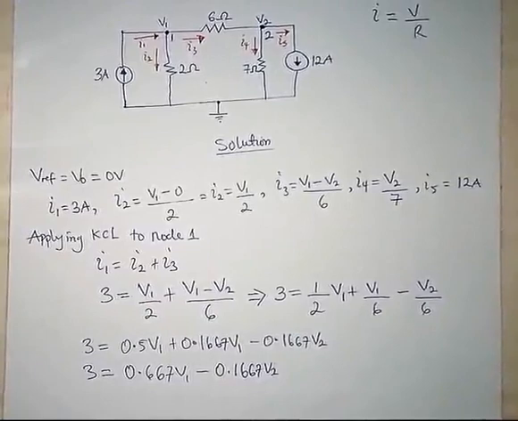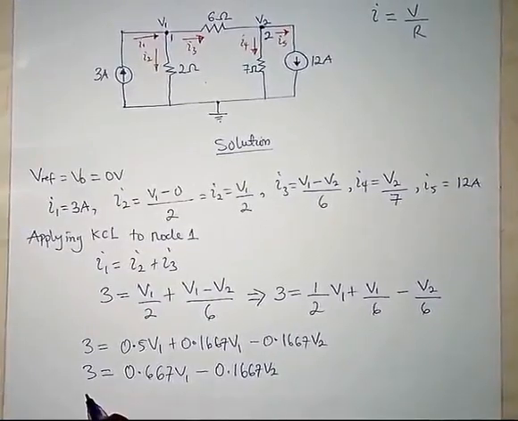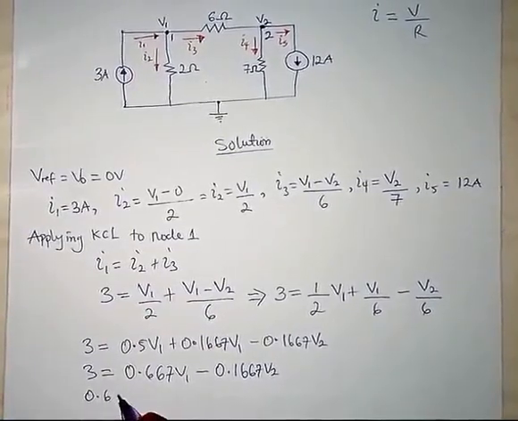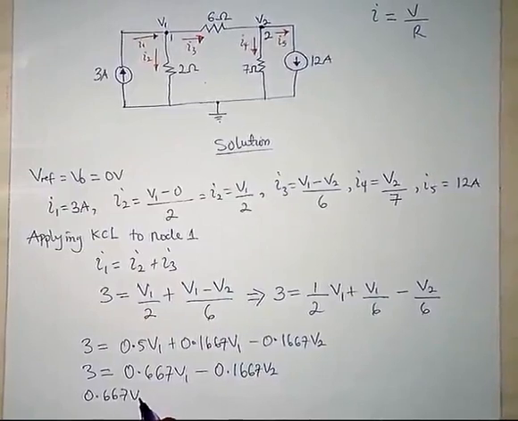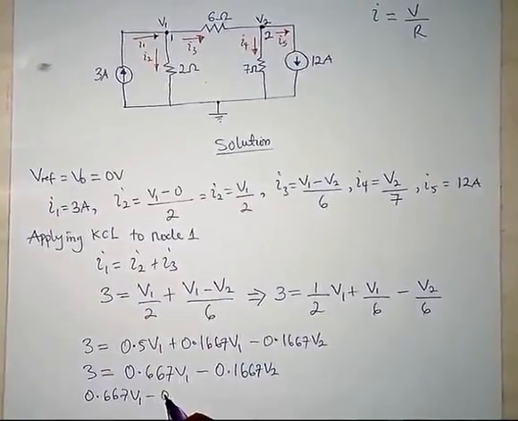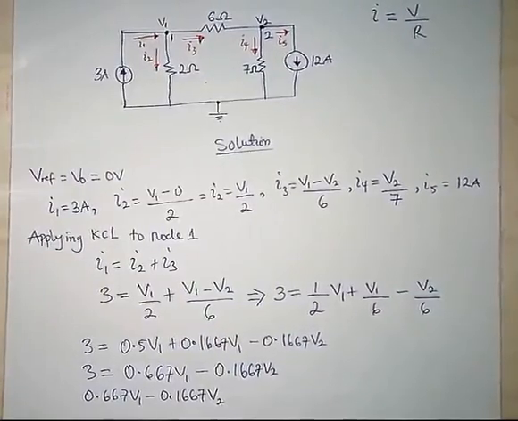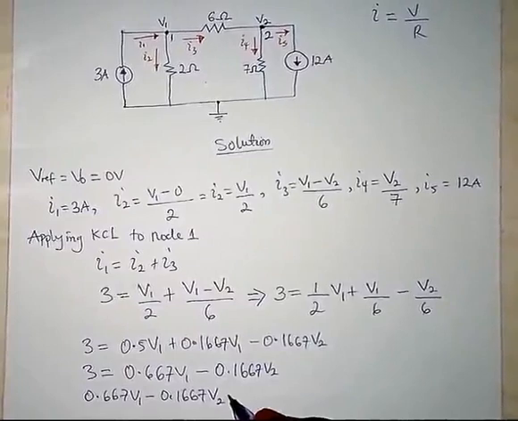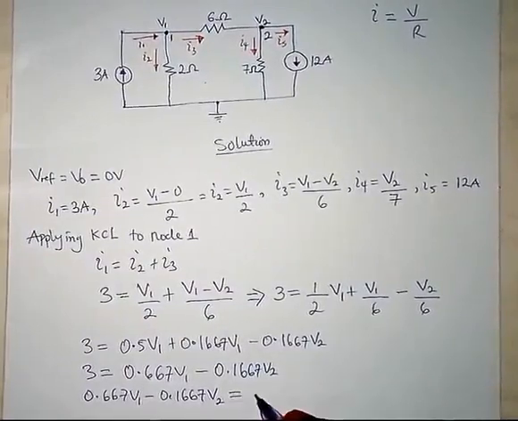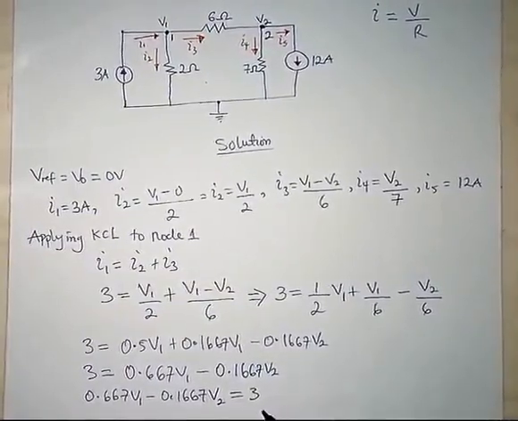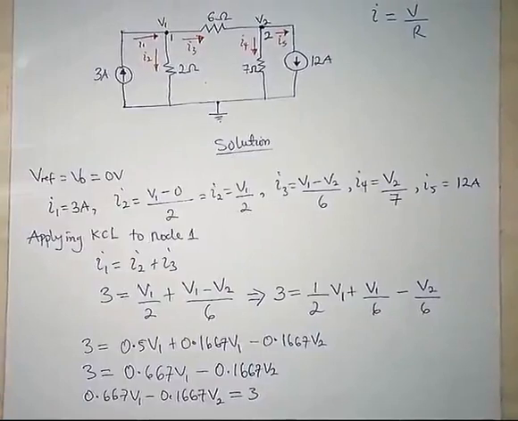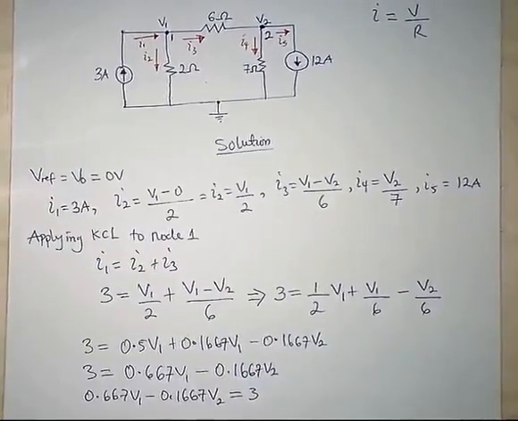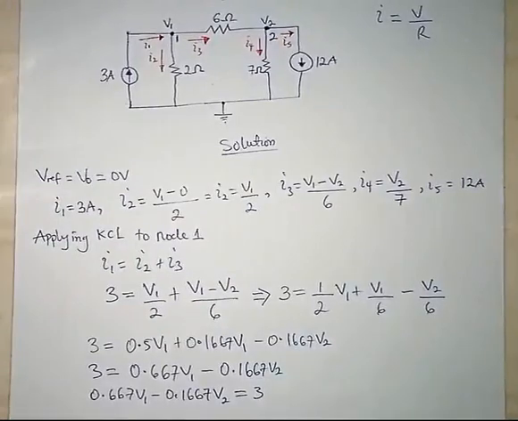Therefore, your KCL equation can be given by 0.667 V1 minus 0.1667 V2 equals 3. Alright? Yes. This is simply the KCL equation for node 1.